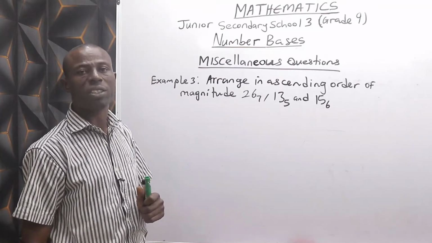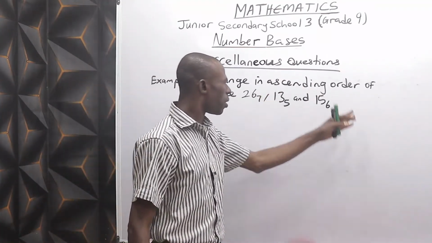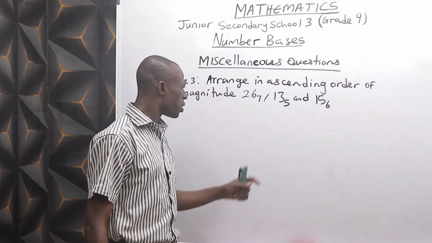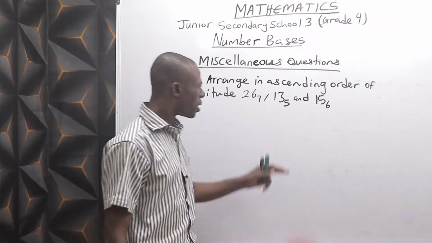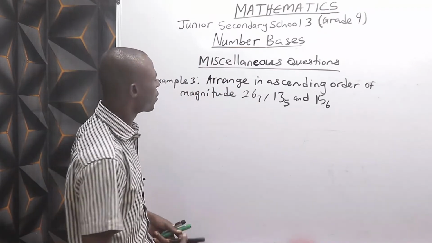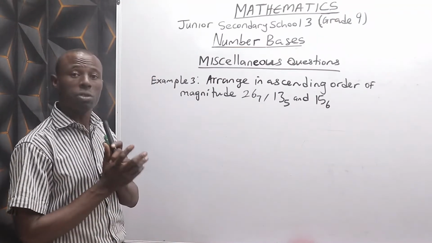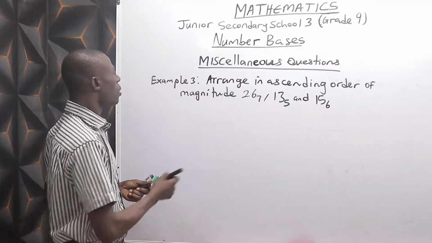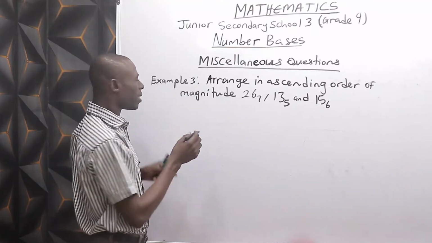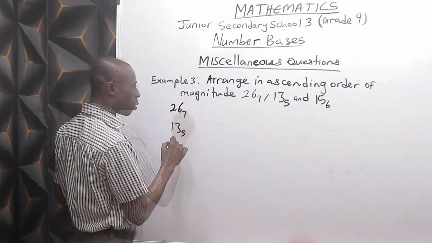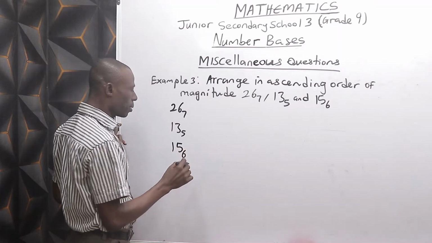Example 3, under the miscellaneous questions. Arrange in ascending order of magnitude 26 base 7, 13 base 5, and 15 base 6. In order not to stress yourself at all, when you get questions like this, quickly convert each of them to base 10.